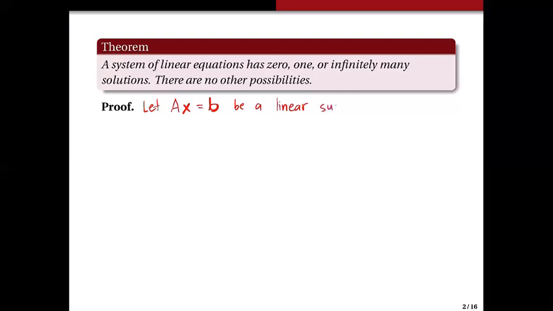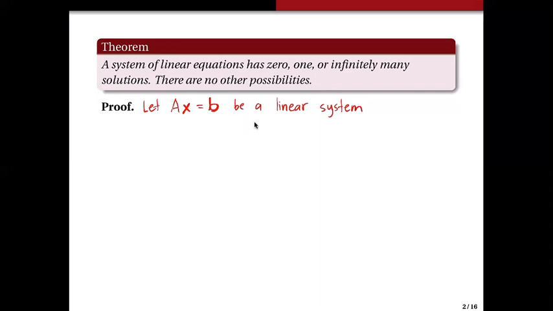To prove that there are no other possibilities, we will assume that this system has more than one solution.